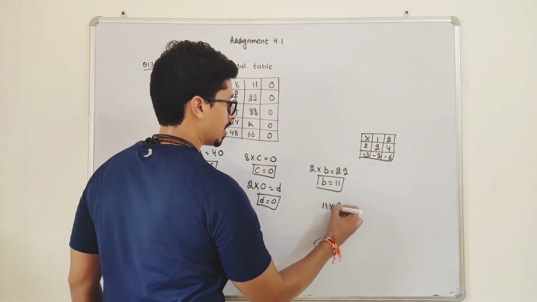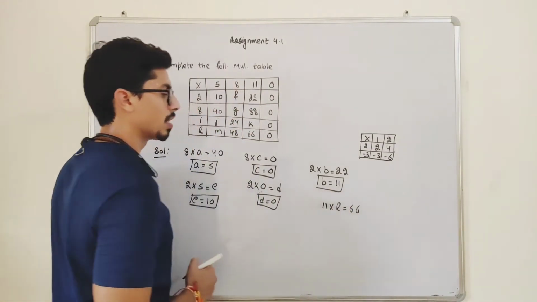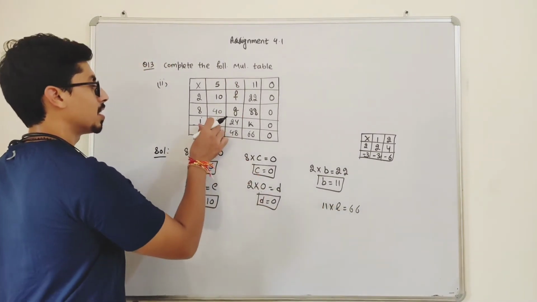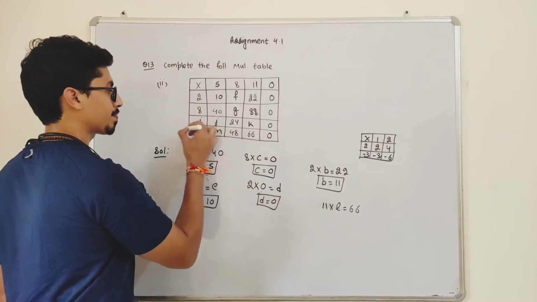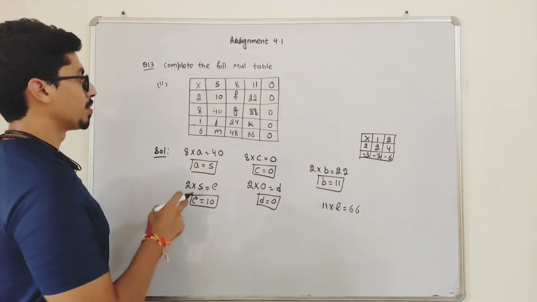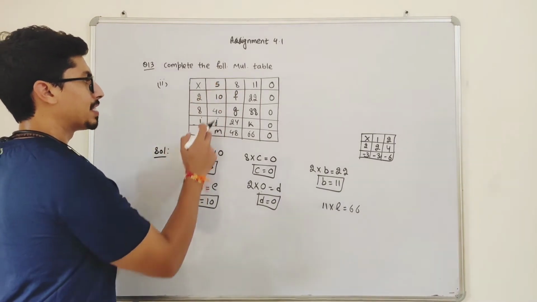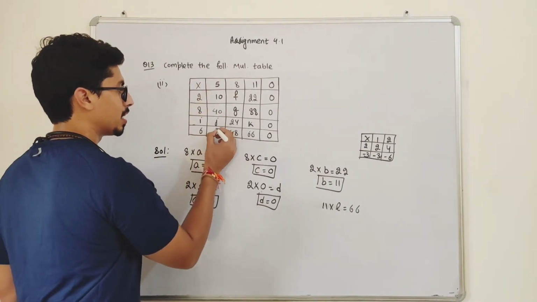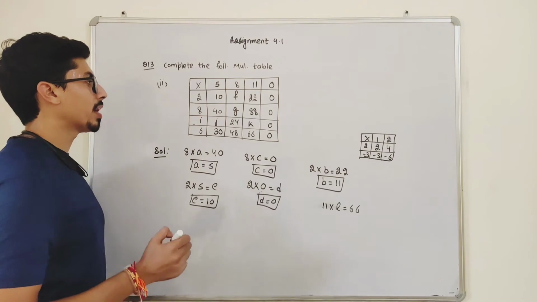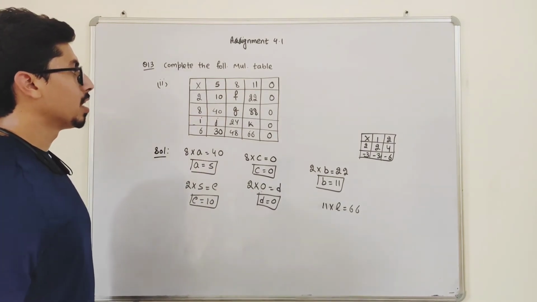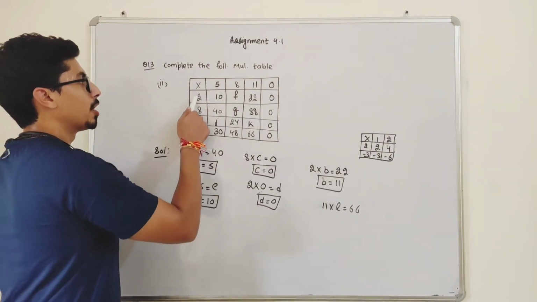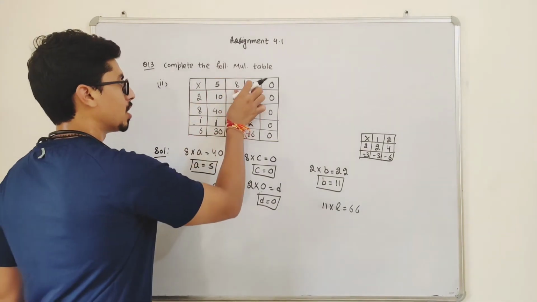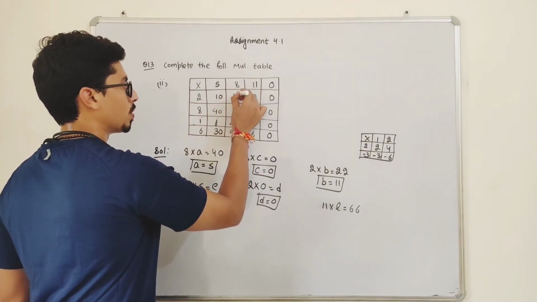That means L is 6, because 11 6s are 66. Now 6 into 5 is 30, that means this is 30. So the only number, see, 2 multiplied by 8 is 16, so this is 16 now.